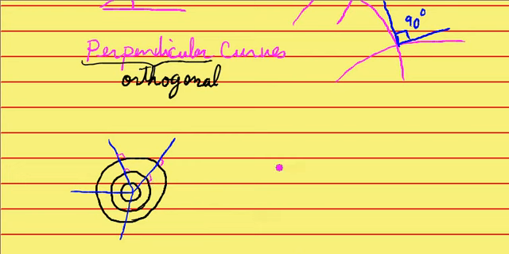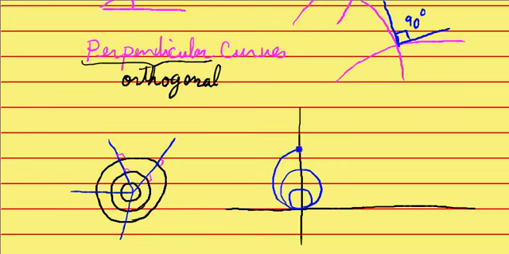More interesting pictures you might see, for example, let me draw a coordinate system, and one set of circles, these blue ones, and another set of circles, and so on.